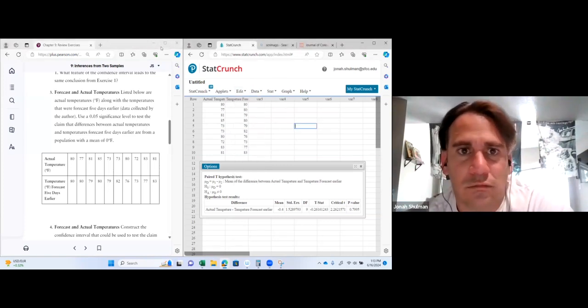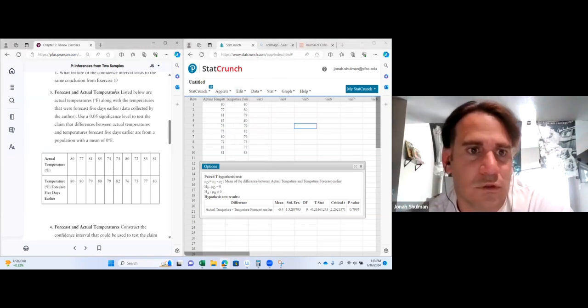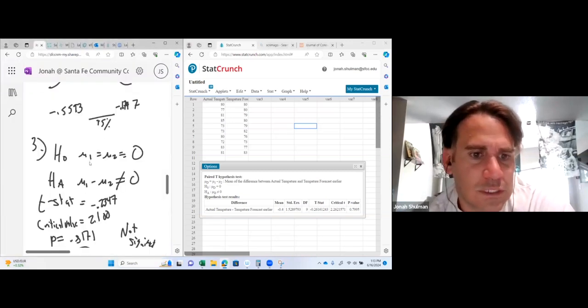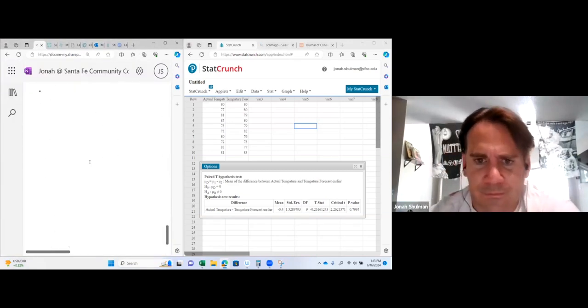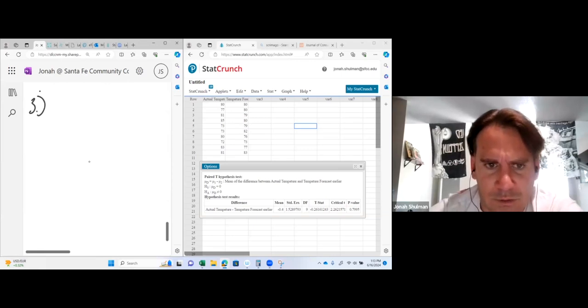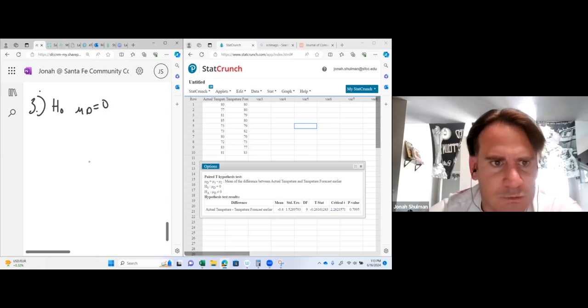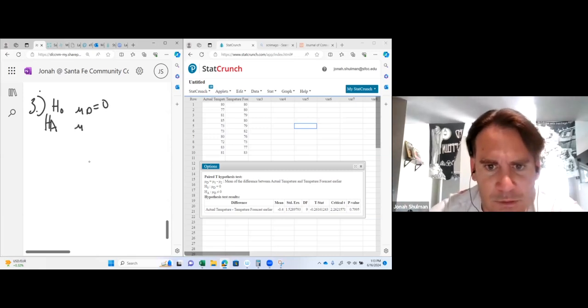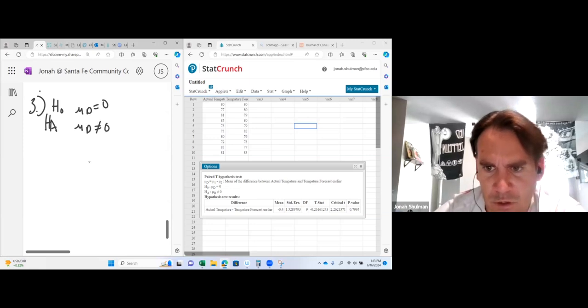So let's write it in. This is the answer number three. So three, the null hypothesis is that there is no difference in the means, and our alternative hypothesis is that there is a difference in the means, not equal to zero.